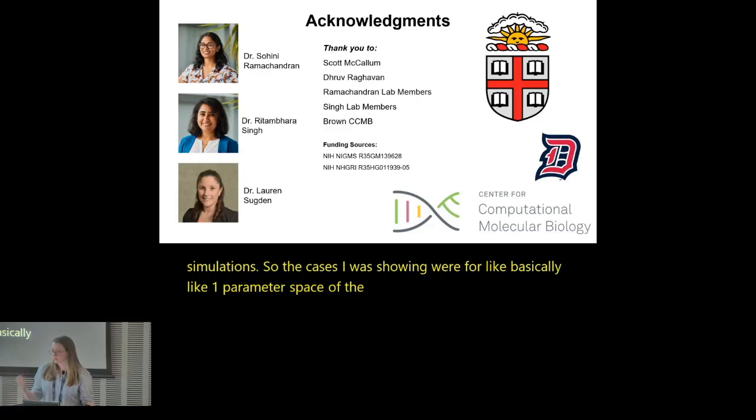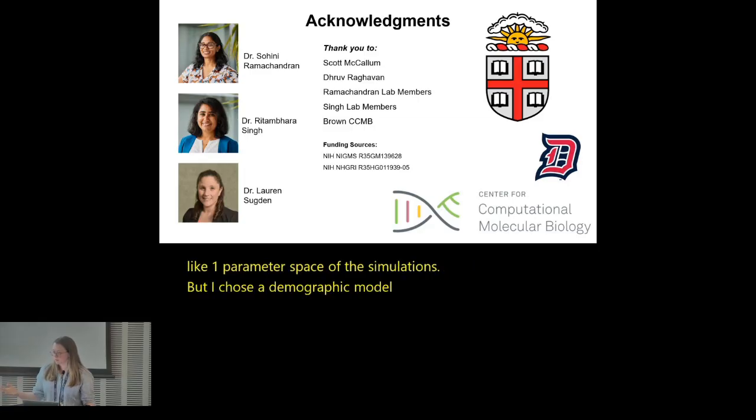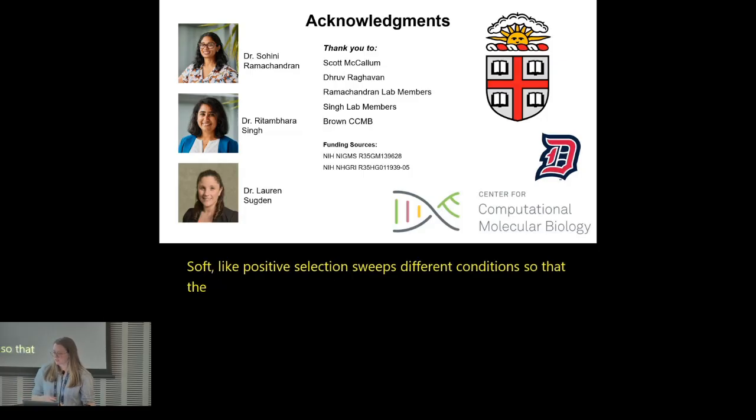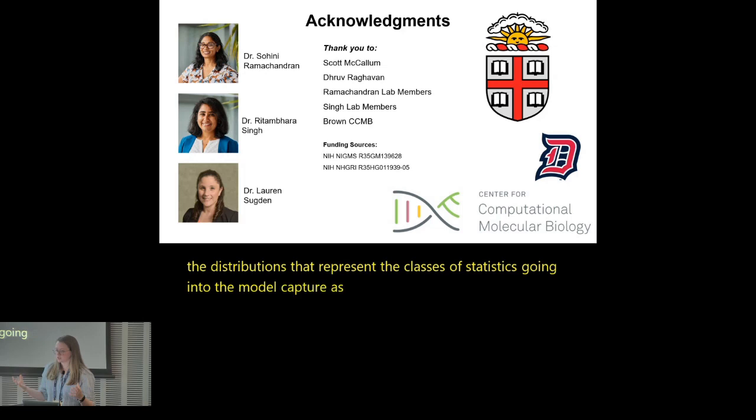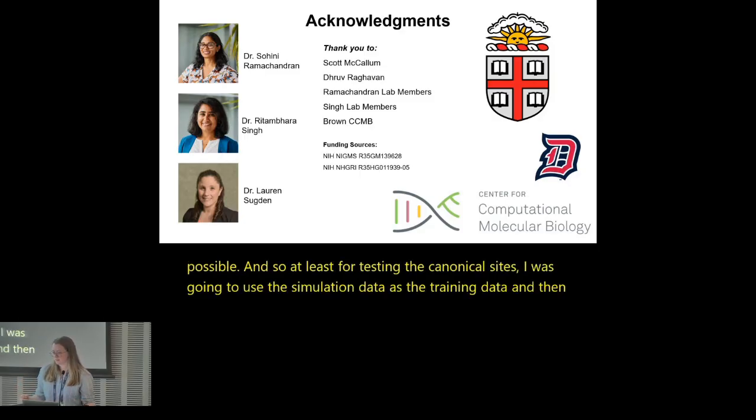I chose a demographic model to simulate multiple populations, weak selection, and soft positive selection sweeps under different conditions, so that the distributions going into the model capture as much of these diverse footprints as possible. At least for testing the canonical sites, I was going to use the simulation data as the training data and then the real sequences as testing.